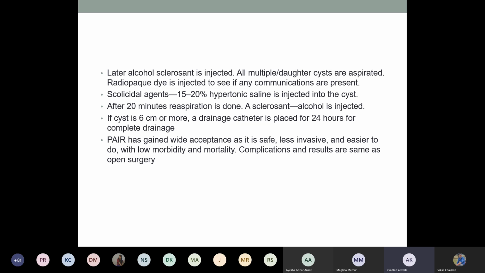The PAIR has gained wide acceptance as it is safe, less invasive, easier to do with very low morbidity and mortality. And the complication rate and the results of this PAIR are same as an open surgery.